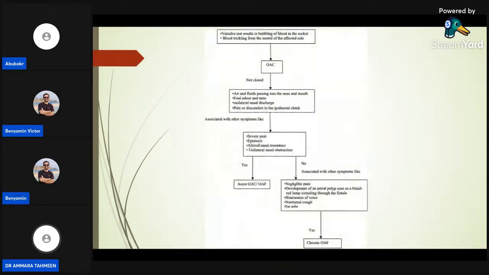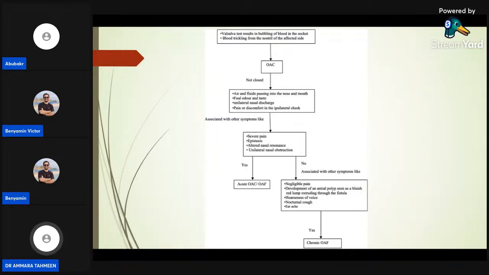Now, as I assume, most of the people attending this lecture are from dentistry, and most of them are general practitioners. If you are into oral surgery, we'll be talking about the vast procedures involved in the management of oroantral communication.